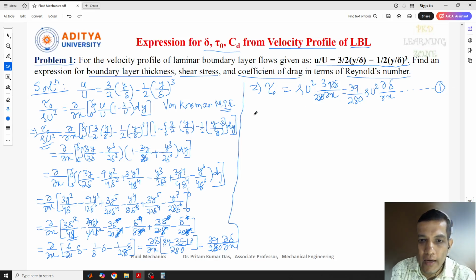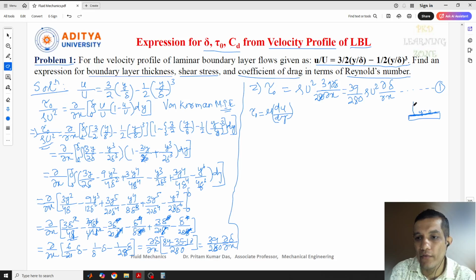Now we know that the shear stress in Newton's law of viscosity, that shear stress tau naught, is given by mu into du by dy. Now this one we need to consider at the surface level. At the surface level the distance will be 0. If you see this plate, a flat plate is there, so at the surface of the plate y equal to 0, that means the distance y is 0 here.